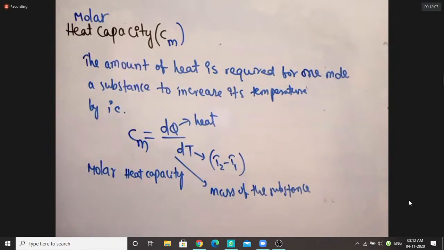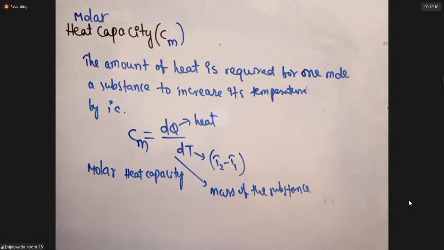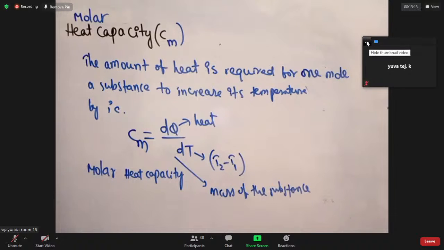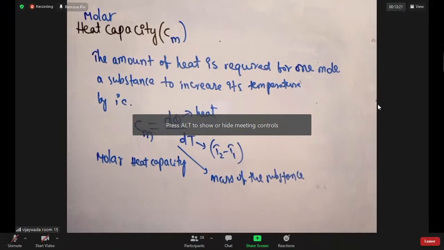Again, we are saying 1 mole. 1 mole means the weight is also constant here. So molar heat capacity is also an intensive property, very, very important.